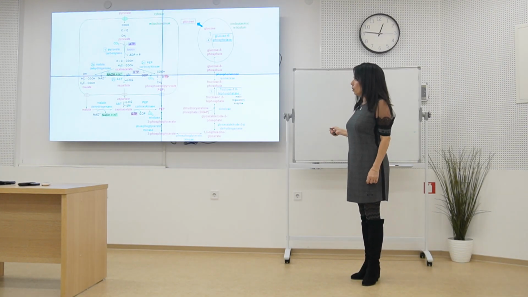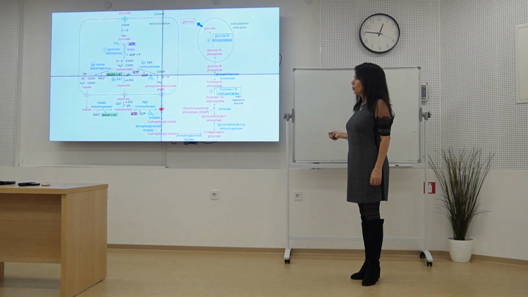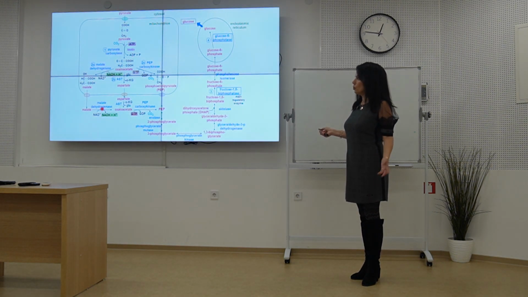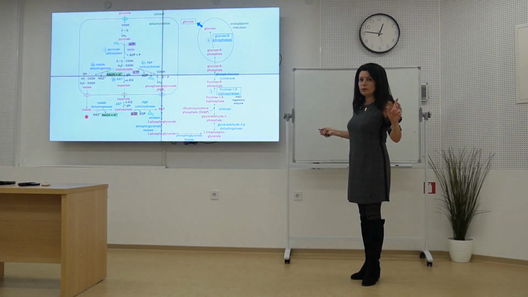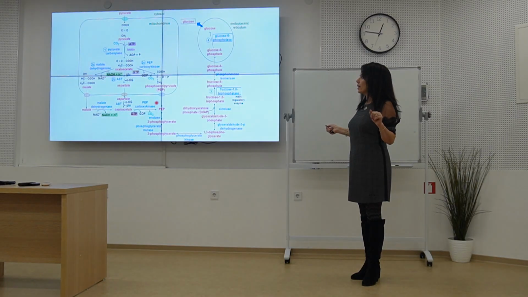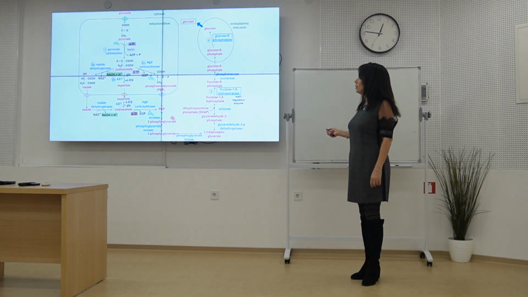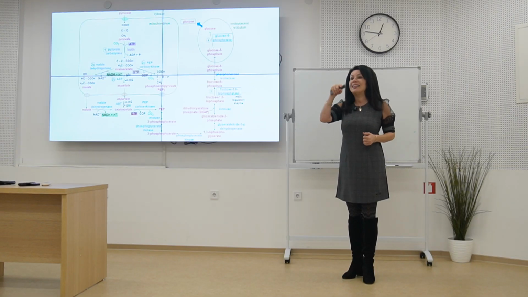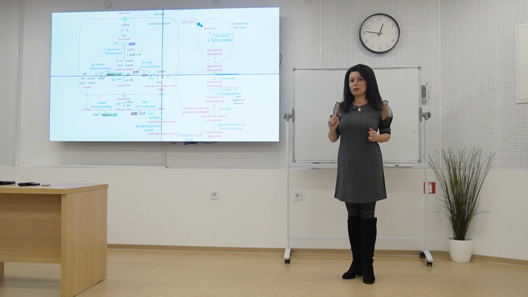So it goes out to the cytosol, and in the cytosol it can be produced not only by this way, but also thanks to these two enzymes, malate dehydrogenase, the cytosolic enzyme, and phosphoenolpyruvate carboxykinase, the same enzyme but cytosolic. And with this, we are ready with the bypassing of reaction number 10 from glycolysis.